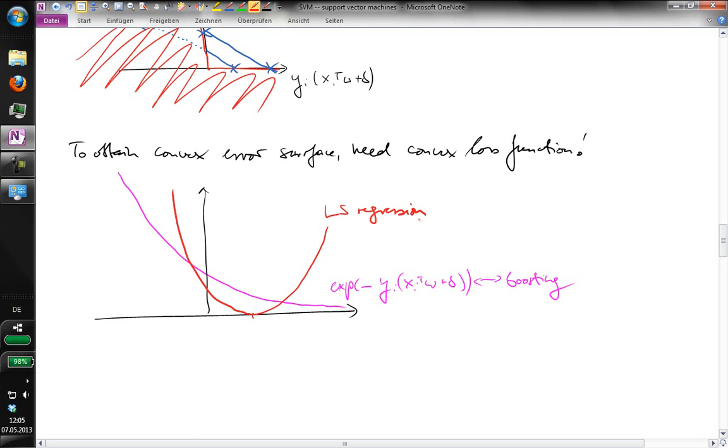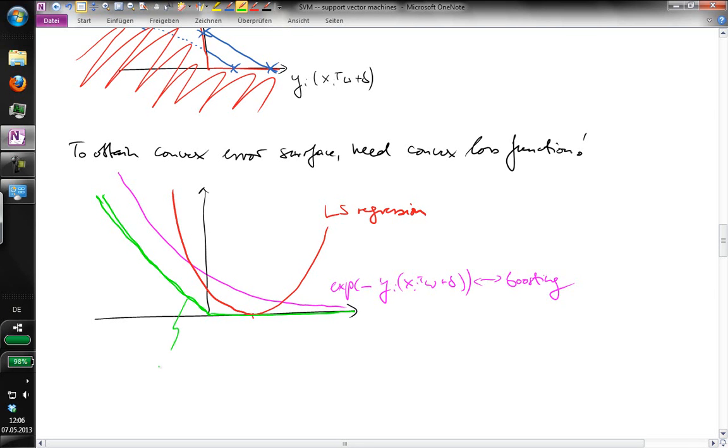And there is a possibility to use something that incurs no error if the classification is correct, and an error that grows linearly with the distance of a misclassified sample from the decision boundary.